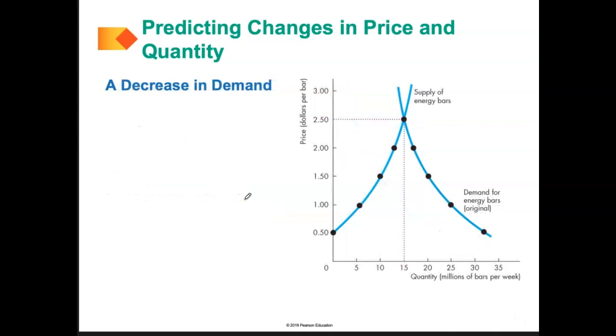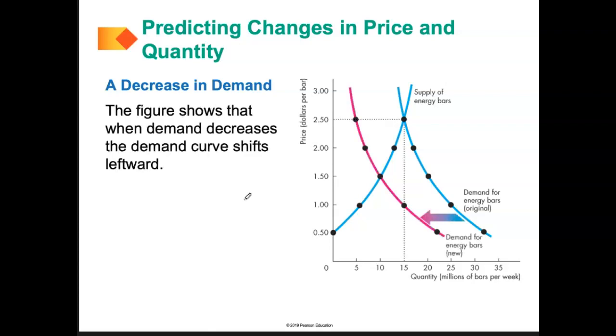When there's a decrease in demand, what direction does the demand curve shift? Yes, the demand curve is going to shift to the left. Again, we have an entirely new demand curve, and we compare the old equilibrium, point A, to the new equilibrium, point B. We see there's a change in price and a change in quantity.